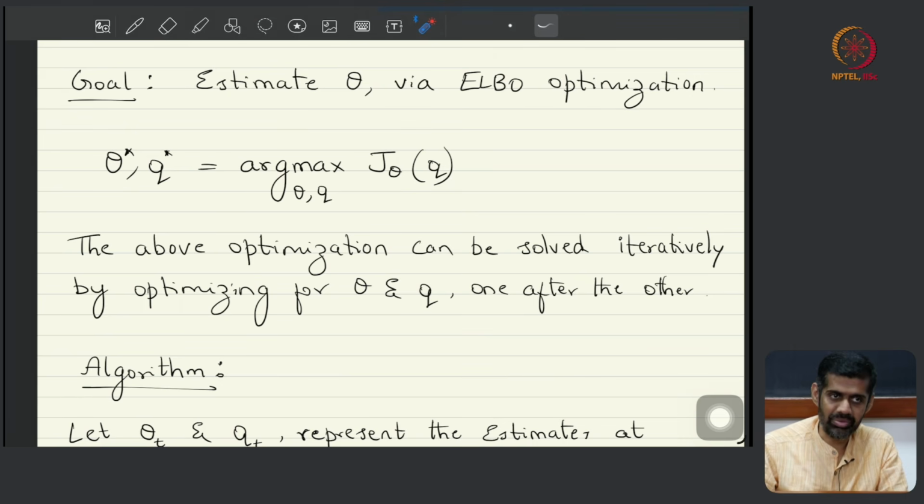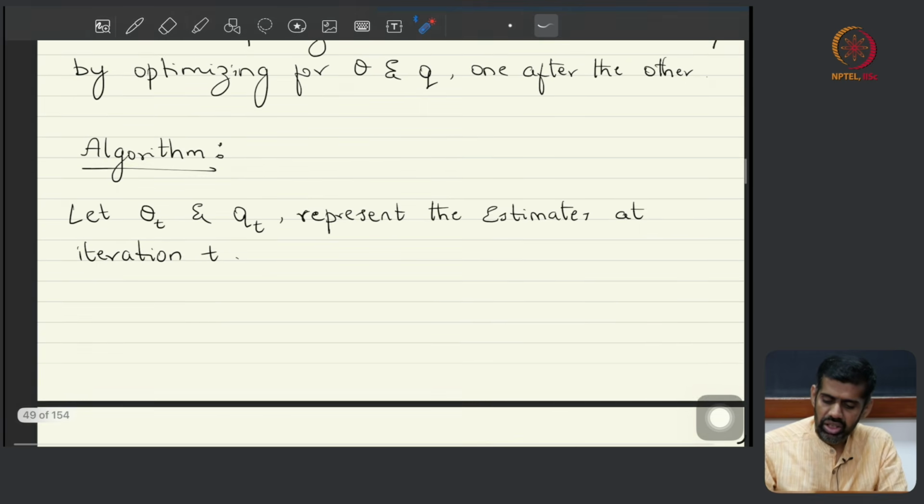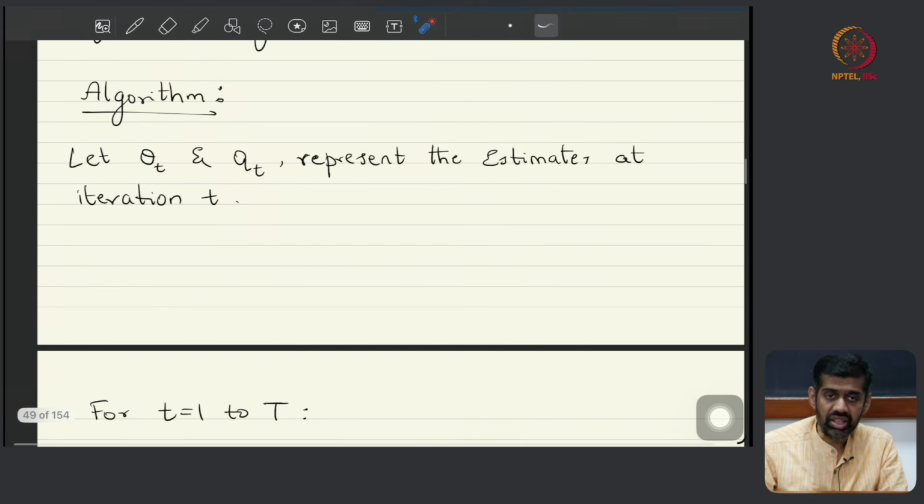What do you do in such cases? That is precisely what gives rise to variational autoencoders. Anyway, this problem is solved iteratively between optimizing over q and optimizing over theta. We will look at that iterative algorithm, which is also called the expectation maximization algorithm, the EM algorithm.